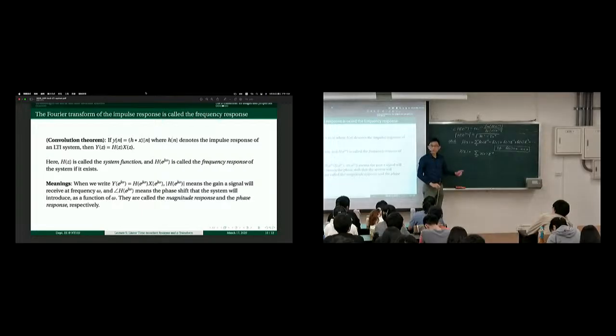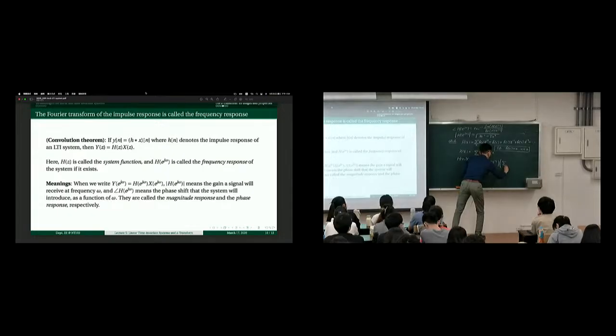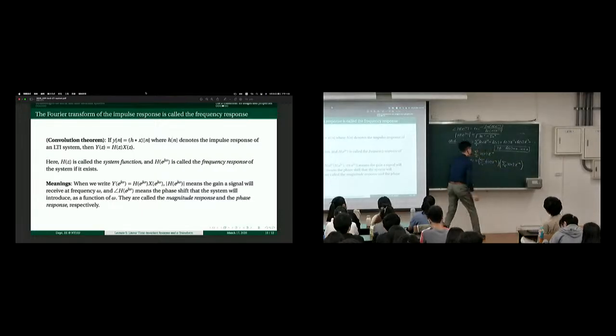So now, to do a quick check of the convolution theorem, we multiply big H with big X. Let's multiply the two of them in the Z domain. When we multiply H with X, that means the summation over n of H n z to the minus n times the summation over n of x n z to the minus n.